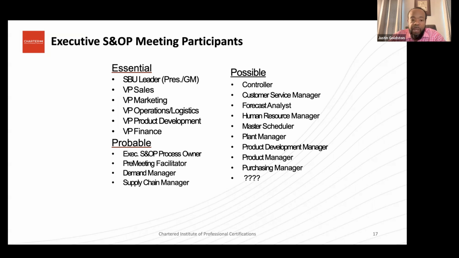For a small and medium organization, I would add more into that. But one caveat is that you don't want too many cooks in the kitchen whenever you're doing this. Still, I think the master scheduler, plant manager, and purchasing manager would be vital to this initiative.